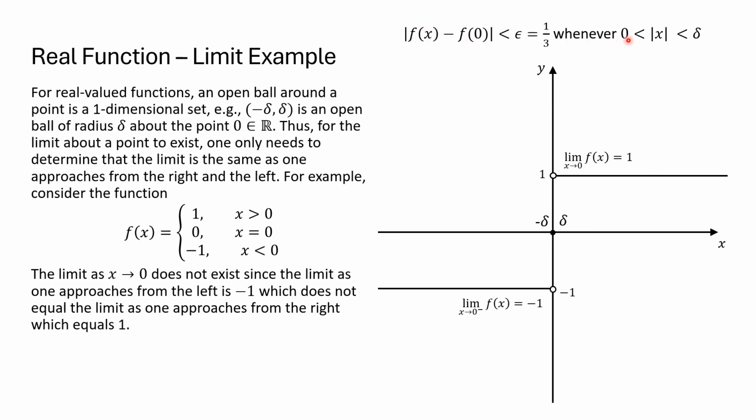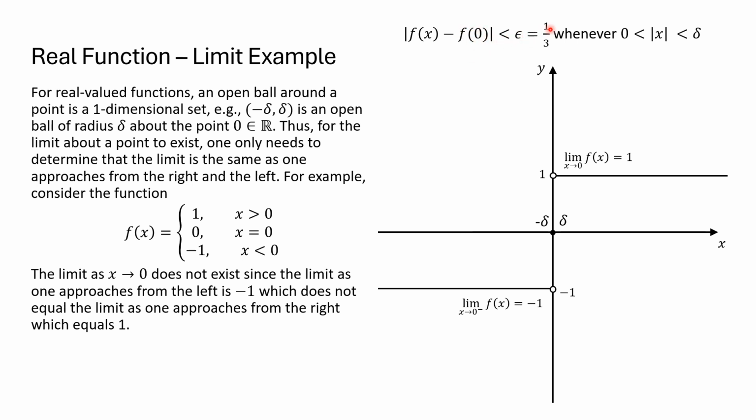And I'm just showing here a little bit more formally how the limit is violated based on the definition of a limit, which says that for a given point, in this case 0, whenever x minus 0 is less than delta, in other words, whenever you're within some given distance away from our point of interest, which is 0, then f of x minus f of 0, which is 0, needs to be less than any value of epsilon.